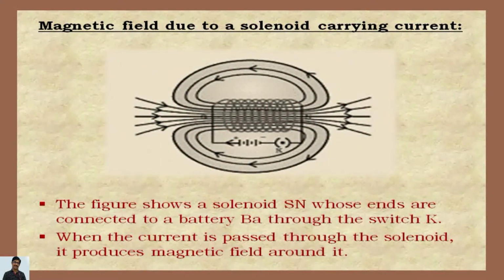The bar magnet has a south and north pole respectively. Whatever properties are possessed by the bar magnet, the magnetic field of a solenoid carrying current remains the same.